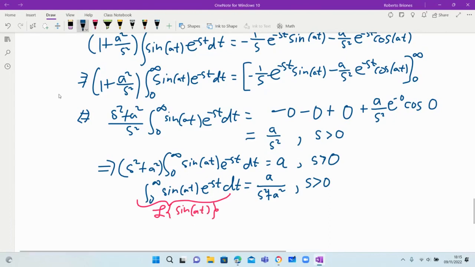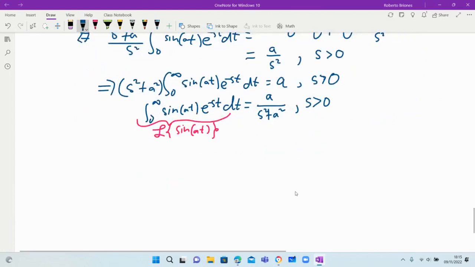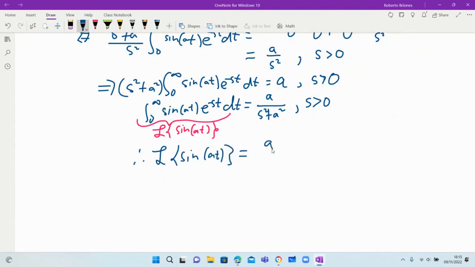So we conclude that the Laplace transform of sine of at is equal to a over s squared plus a squared, as long as s is positive. That ends our last example for this presentation.